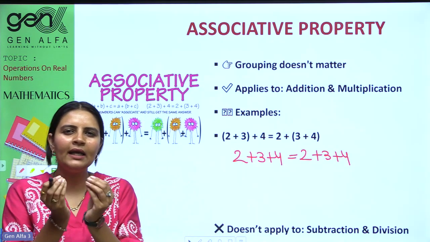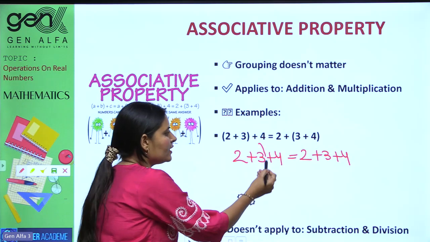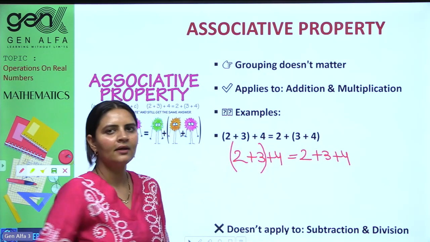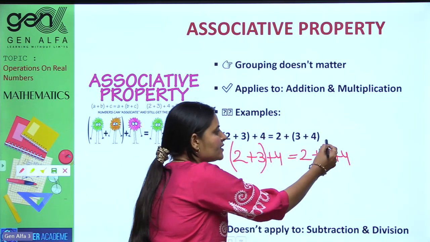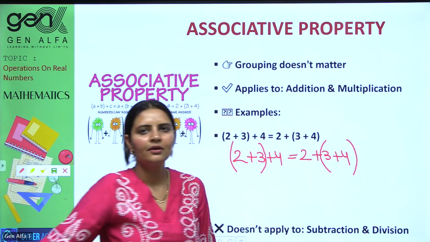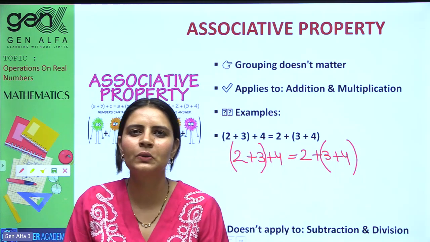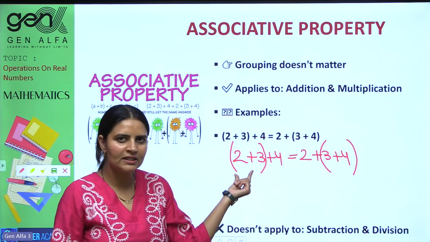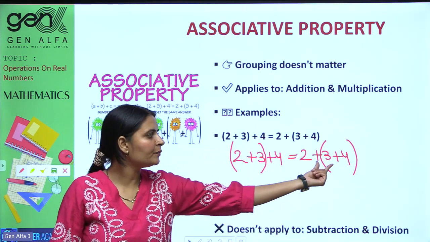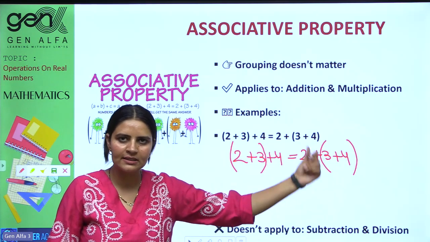Now let's place the bracket. First of all, let's put the bracket up to two numbers. And towards the right hand side, just put the brackets towards the last two numbers. I have put the brackets to these first numbers. Here I have put the bracket to last these numbers.